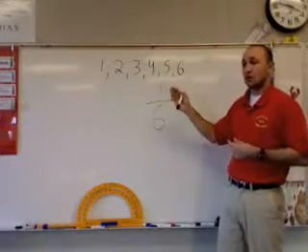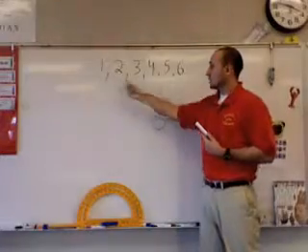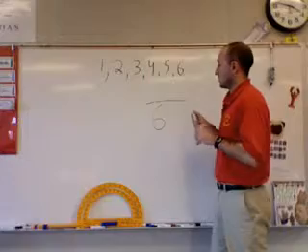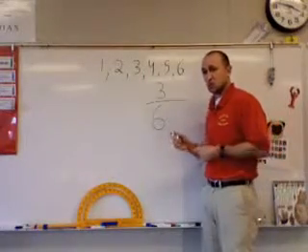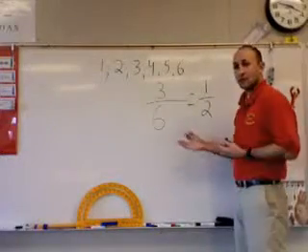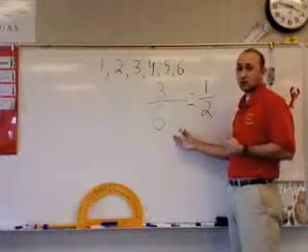Let's say we want to change our event to even numbers. Well, let's go in and find all the even numbers. 2, 4, and 6. There are 3 of them, so this 1 will now become 3 over 6, which we know is 1/2. Now, whenever we have a fraction like this, we can turn them into decimals and percentages.